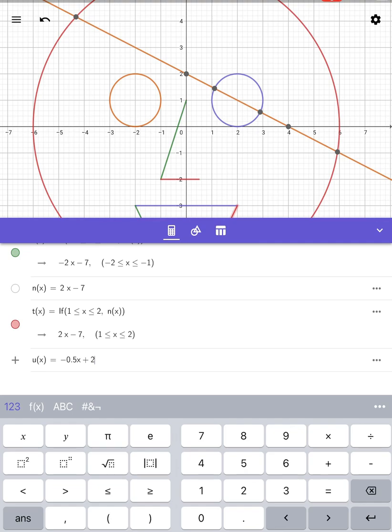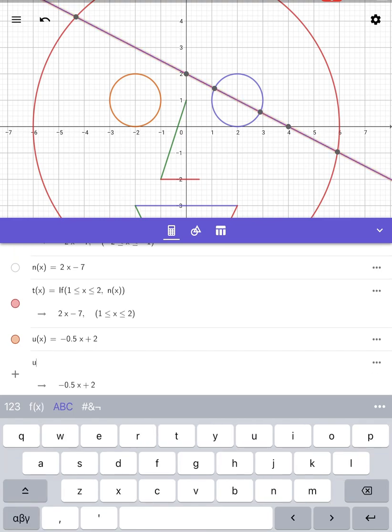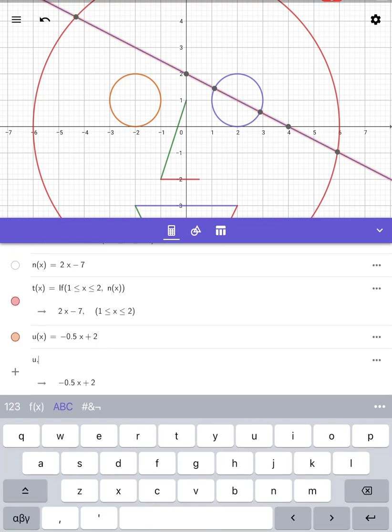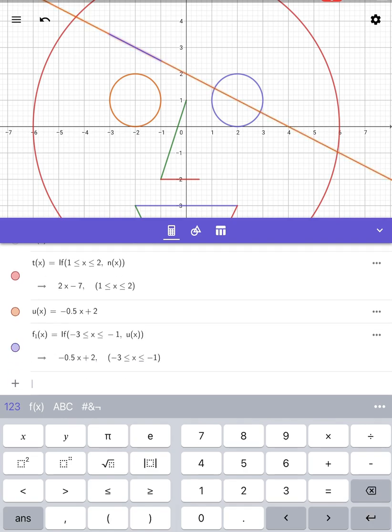That's the eyebrow, and the eyebrow was in between negative 3 and negative 1. So U is a number that should be constrained between negative 3 and negative 1. So I can put that brow on.